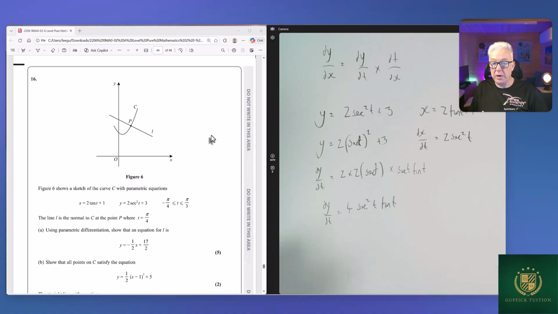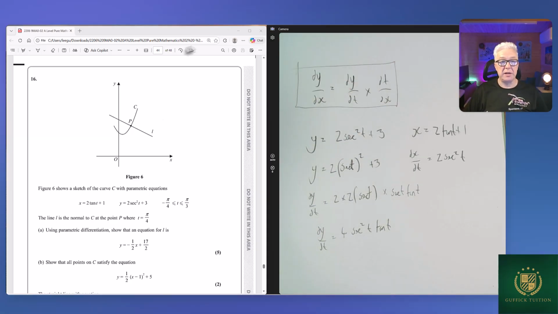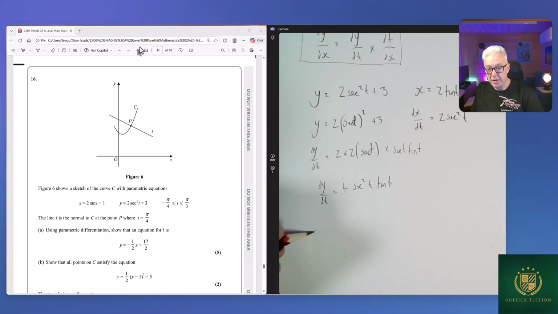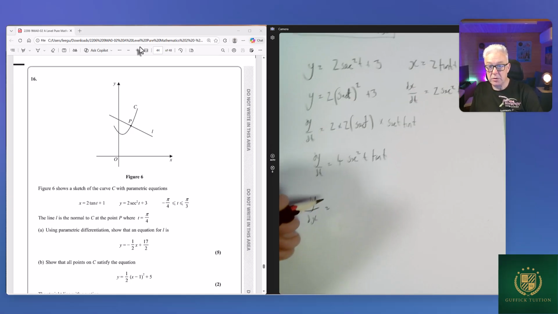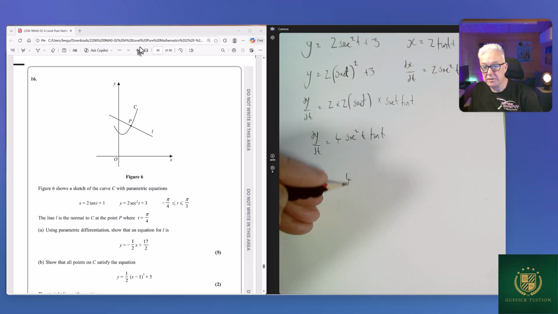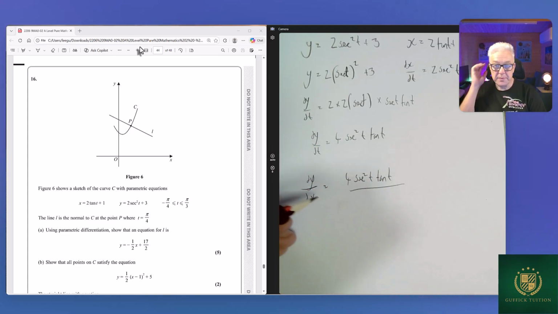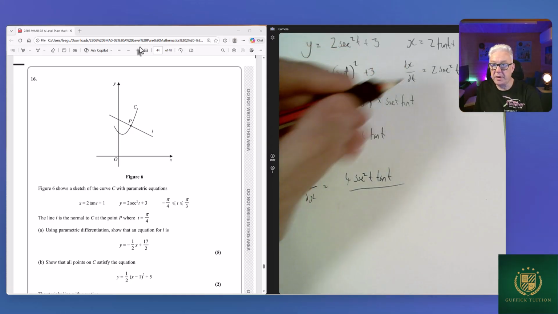Perfect. So now we're going to use the chain rule up here to find our expression for dy by dx. dy by dx is dy by dt times by dt by dx. So dy by dx is equal to our dy by dt, which is 4 sec squared t tan t, all times by our dt over dx, which is 1 over dx by dt.